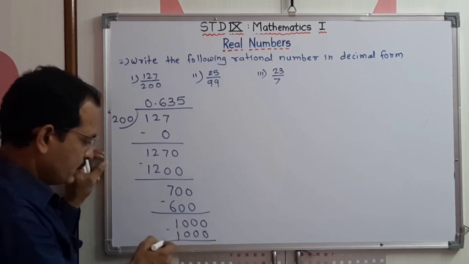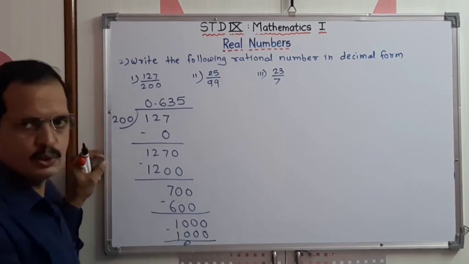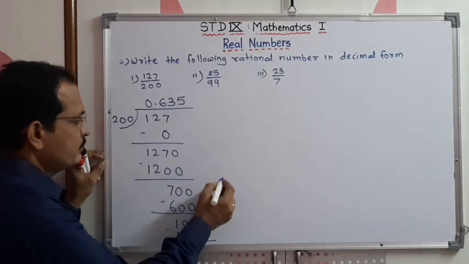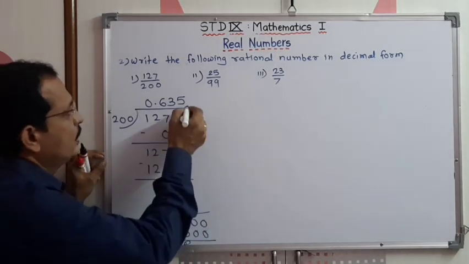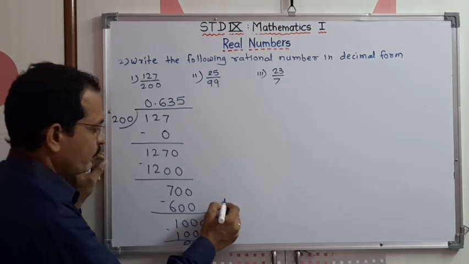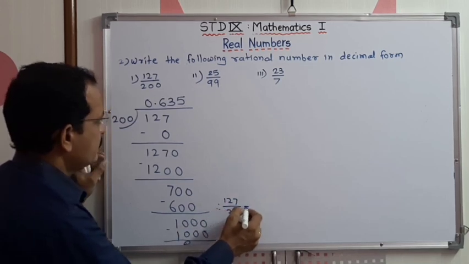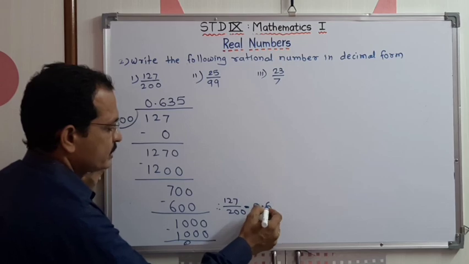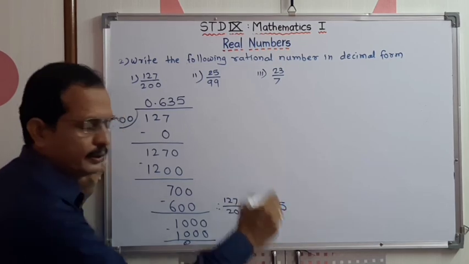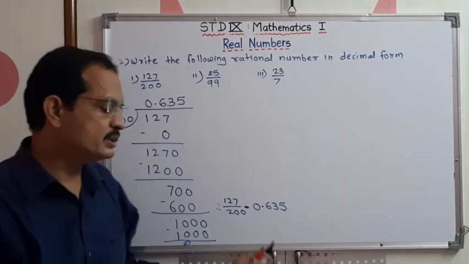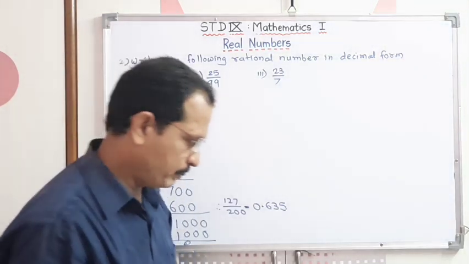Dear student, remainder is 0. Therefore decimal form is terminating type. Therefore 127 divided by 200 is equal to 0.635. The decimal form is terminating type.